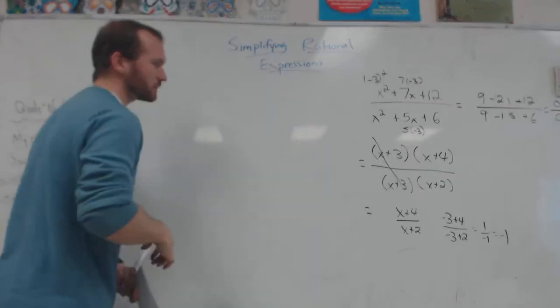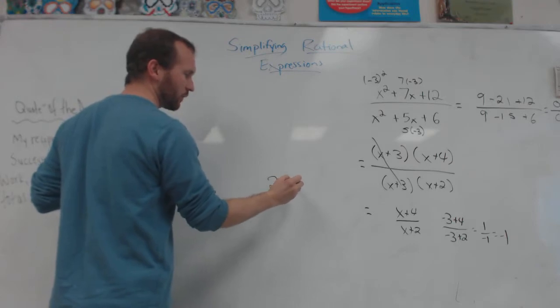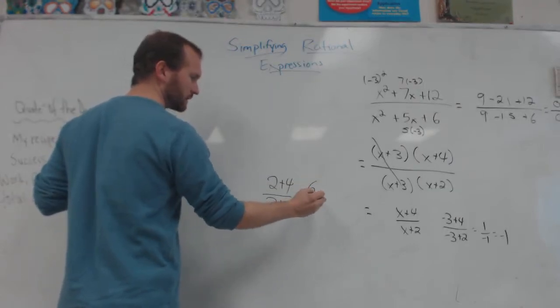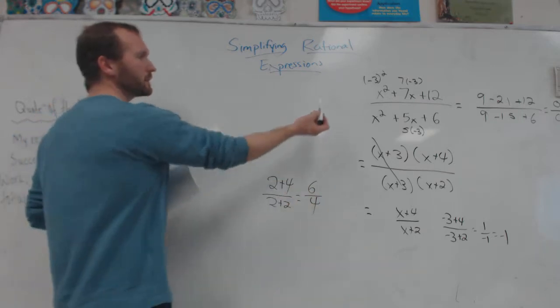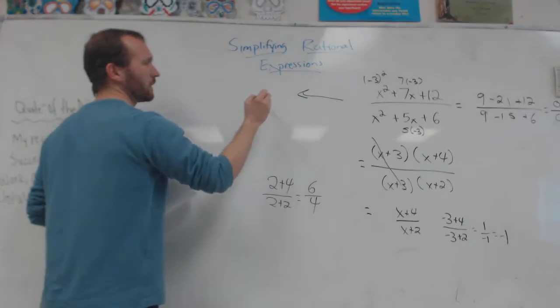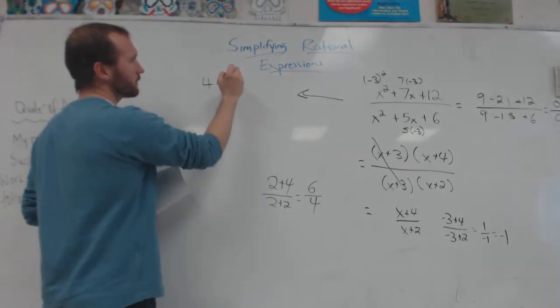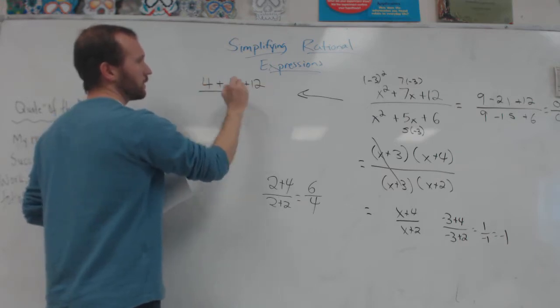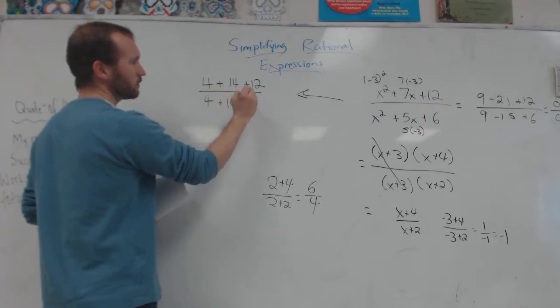Let's pick a number like 2. So if I plug 2 in here, I get 2 plus 4 over 2 plus 2, which is 6 over 4. Right? Now let's plug 2 in here. I would have 4 plus 7 times 2 is 14, plus 12, over 4 plus 10 plus 6.